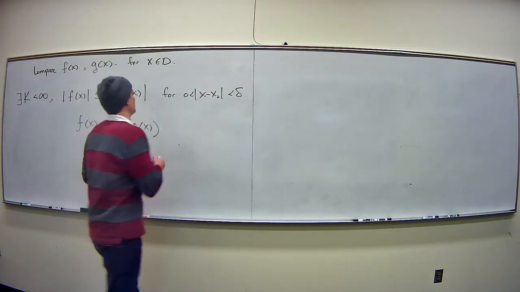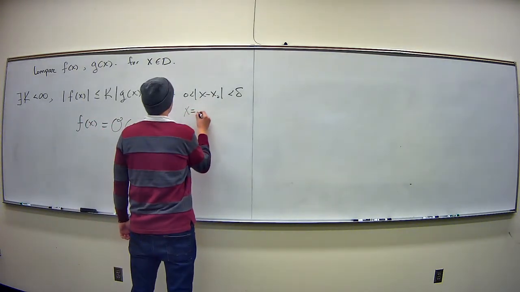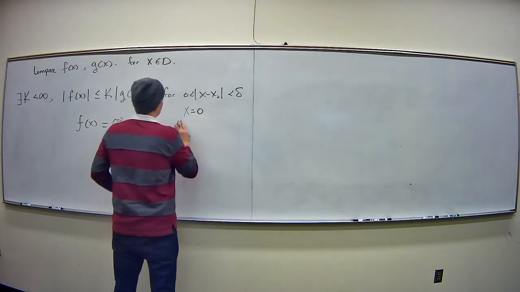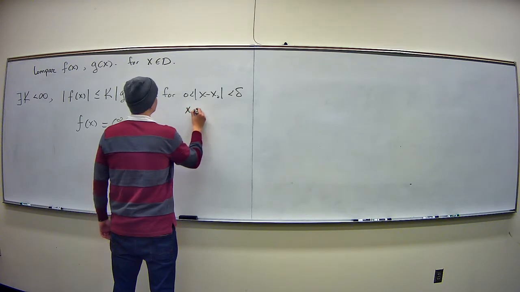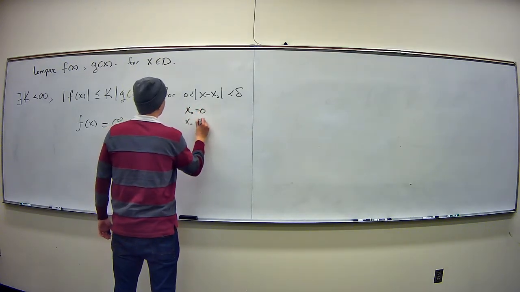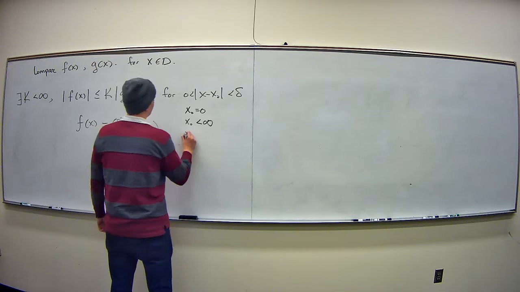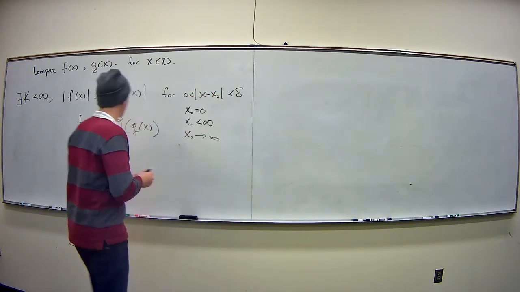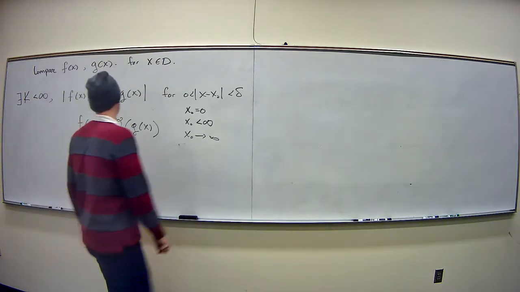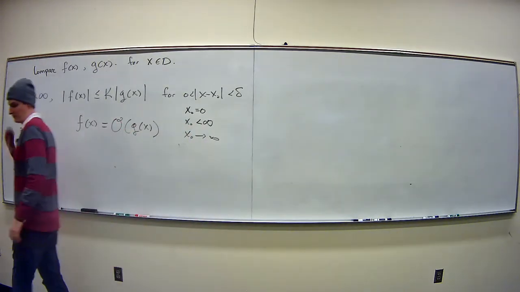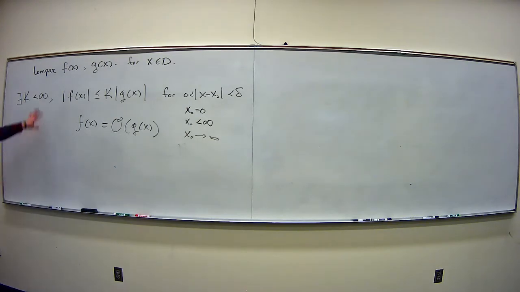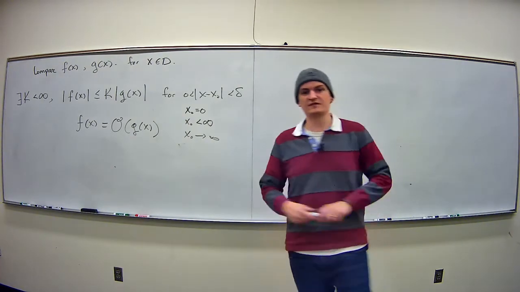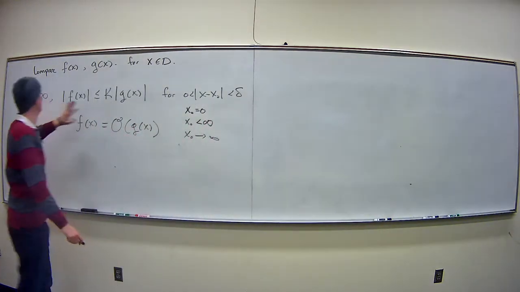And there are issues here. So you could have x naught be 0, or finite, and you can even have x naught go to infinity. And then you just change this definition as well. But it's just the definition that we run with. This is called big O. Same order. These two functions are the same order if there exists some k such that this holds.